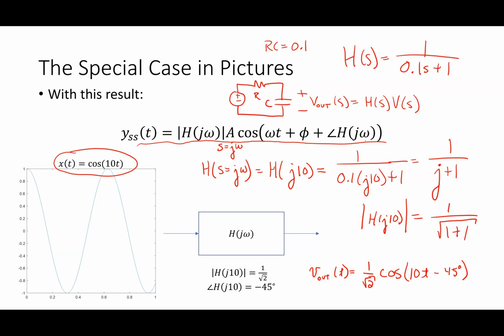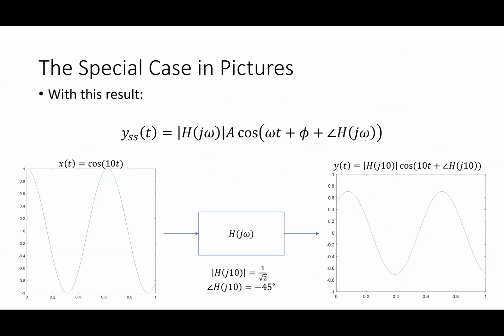So it's telling me that if I built this RC circuit, put cosine 10t into that circuit, and then measured the voltage across the capacitor, the voltage across the capacitor would be smaller and it would be shifted, right? So basically what I would see is this picture right here.